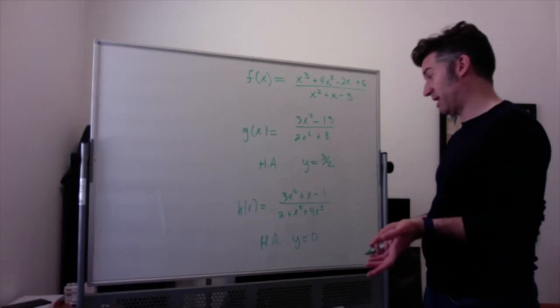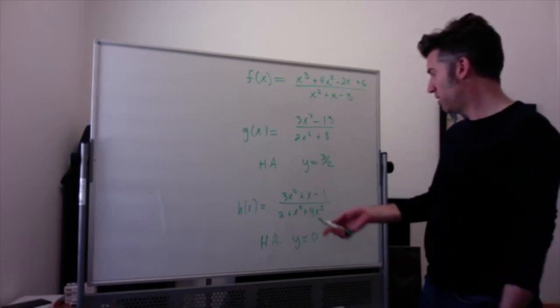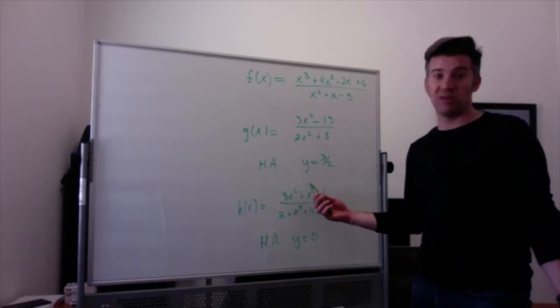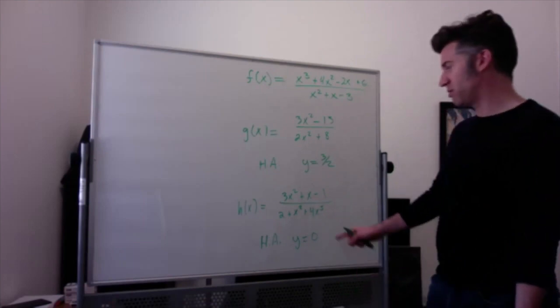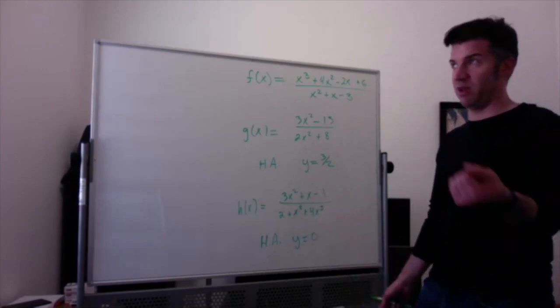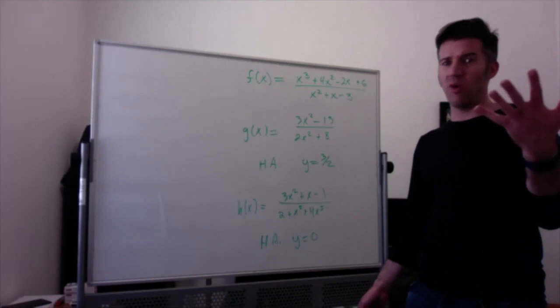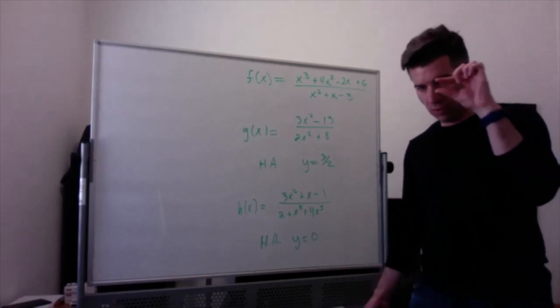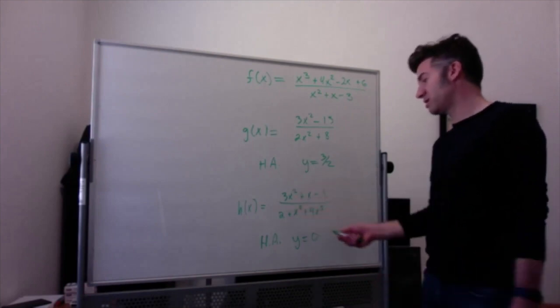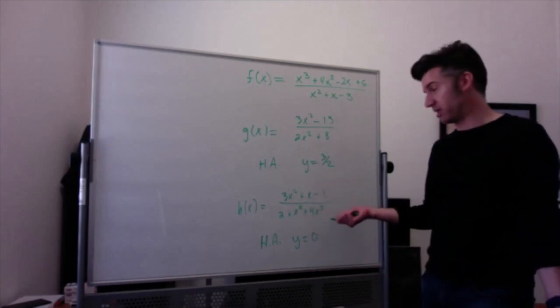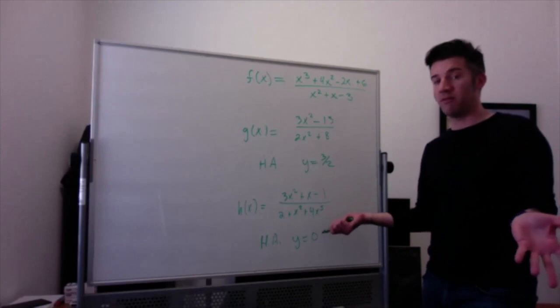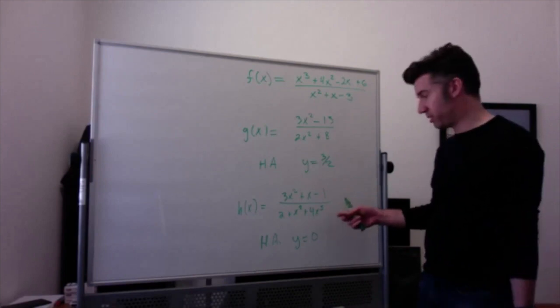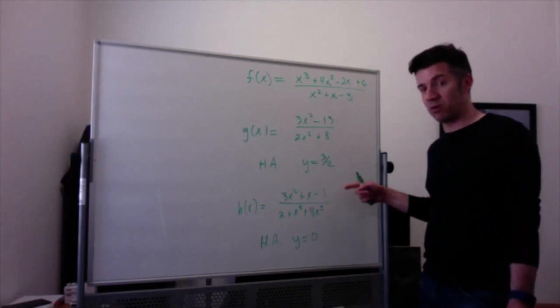For example, if I set x equal to 1,000, the top is going to be 3 times 1,000 squared, which is like 3 million. The bottom is going to be 4 times 1,000 to the 5th, which is like a million, billion, trillion, a quadrillion. And a million divided by a quadrillion is super small. So that's why this has a horizontal asymptote of y equals 0, because as x gets very, very large, the fraction gets very, very small because the denominator is much larger than the numerator.